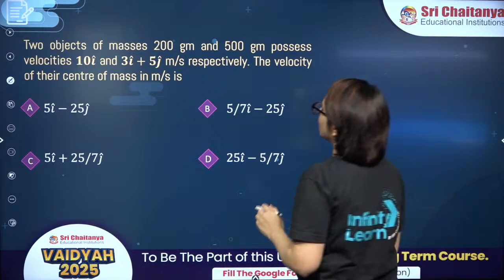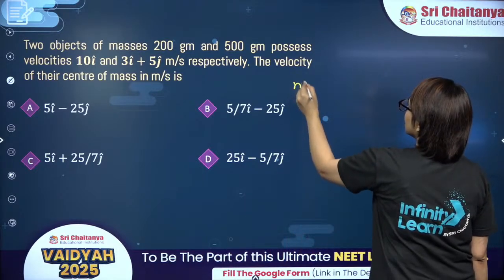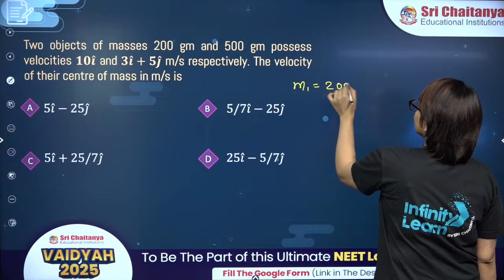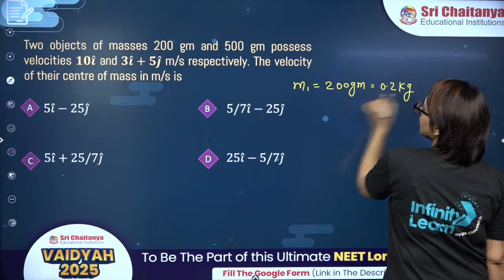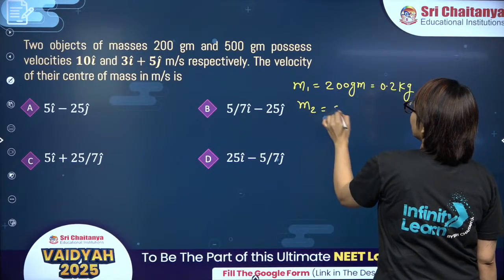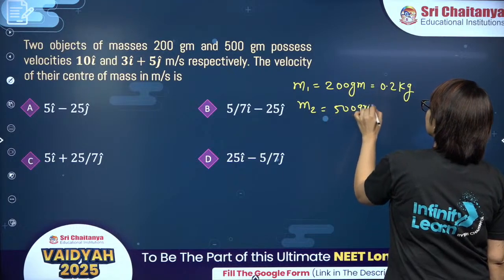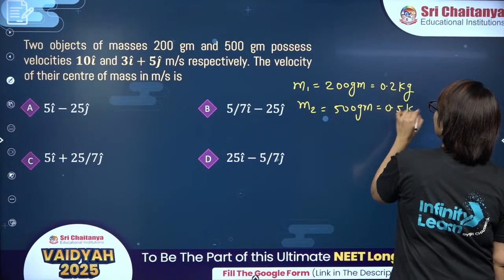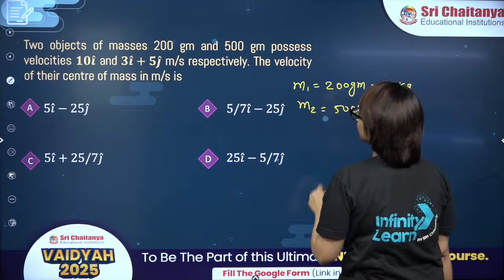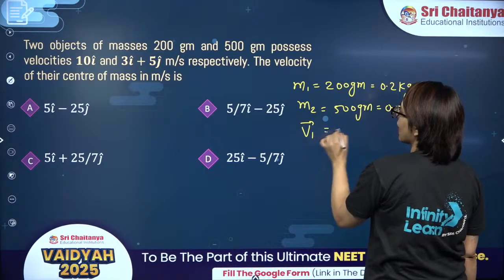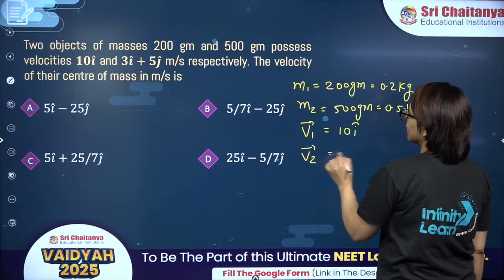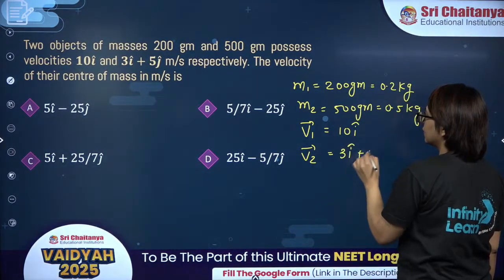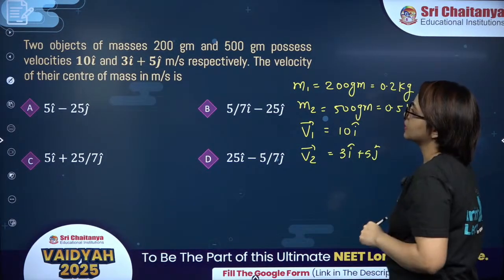Two objects of masses 200 gram, which is 0.2 kilogram, and 500 gram, which is 0.5 kilogram, have velocities v1 vector as 10i cap and v2 vector as 3i cap plus 5j cap respectively.